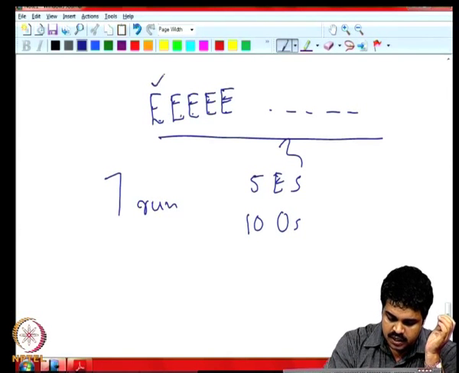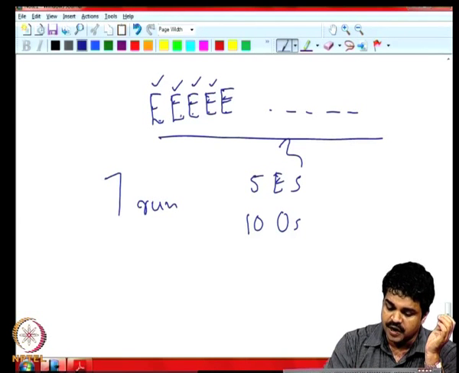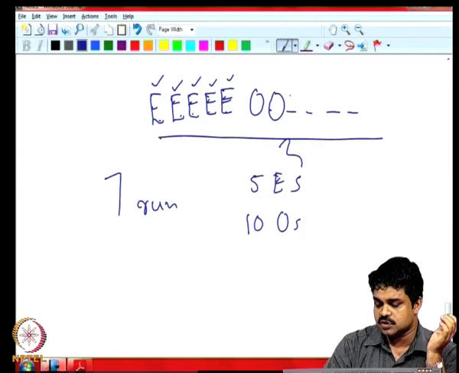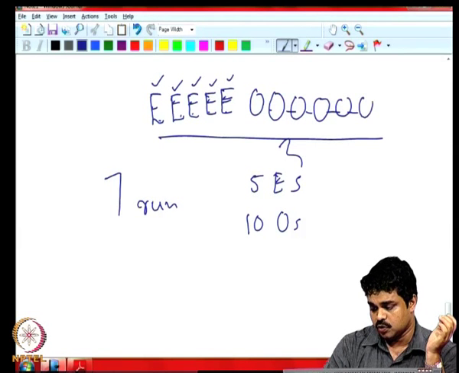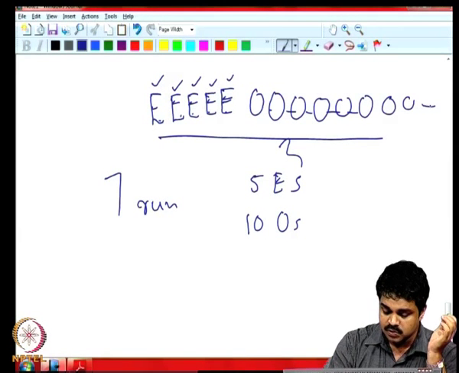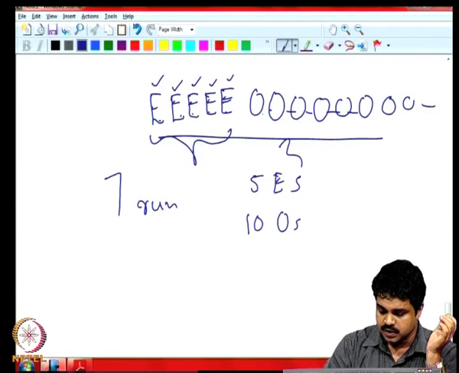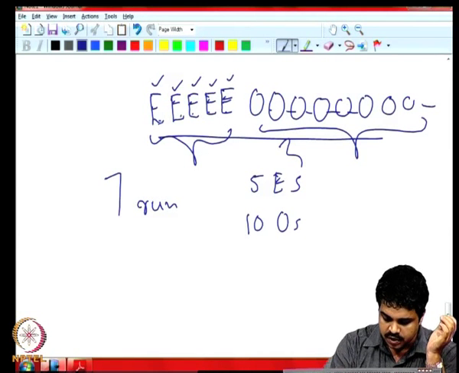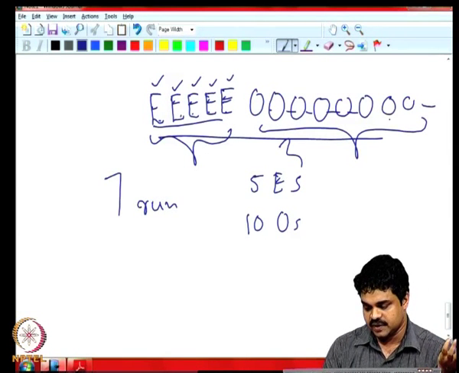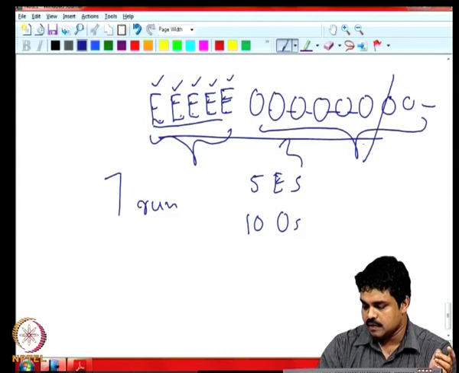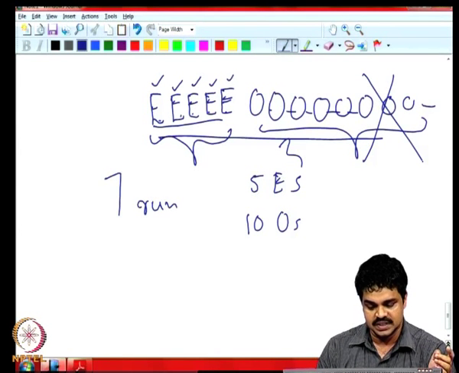Suppose you write 5 E's initially, then we will have to write all the remaining 10 as O's. That means we will get only 2 runs, because this is one run and this is another. So, we will not get 7 runs.